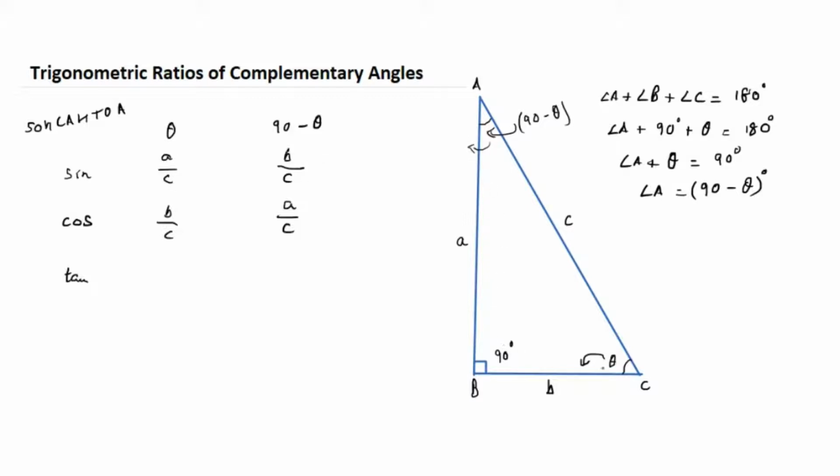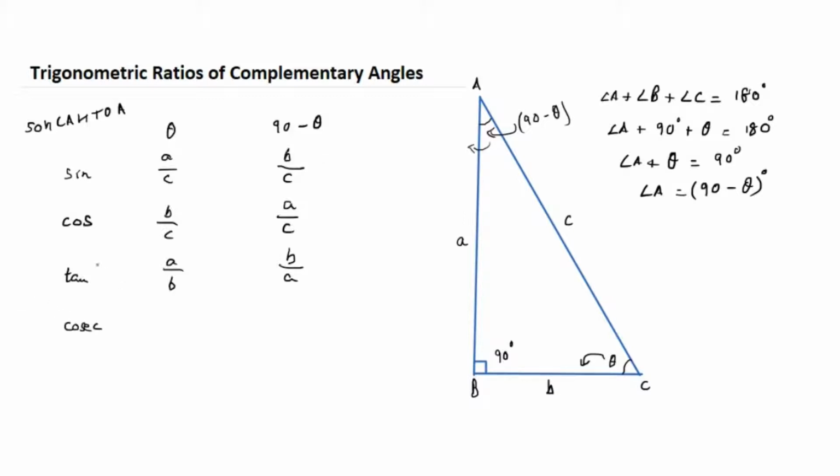For angle theta, opposite is A and adjacent is B, so tan of theta will be A over B. And tan of 90 minus theta, of angle A, would again be opposite over adjacent. Opposite is B, adjacent is A, so it's B over A.